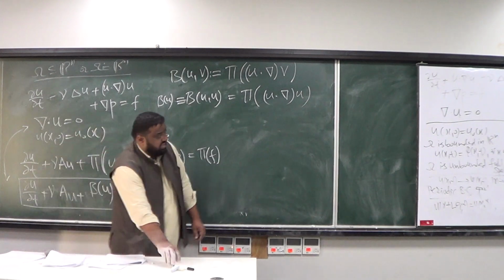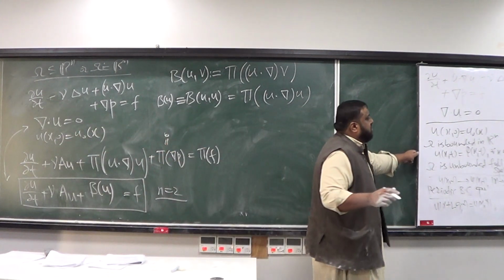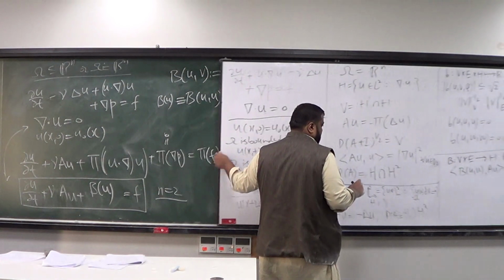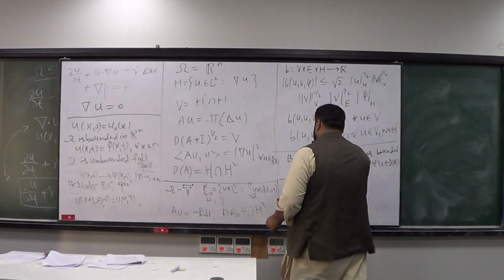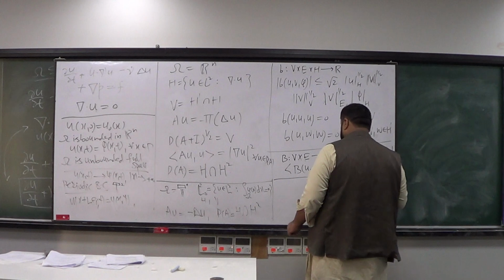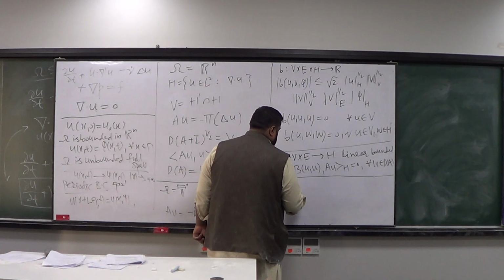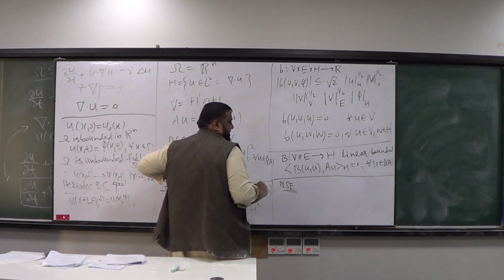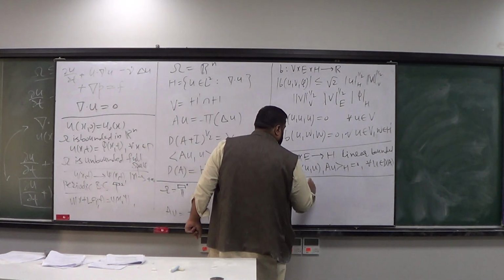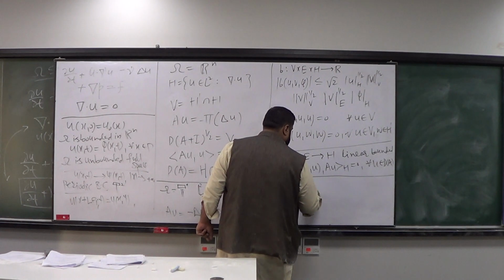So the version of the Navier-Stokes equation that we are interested in, the abstract version, is this: partial u by partial t.